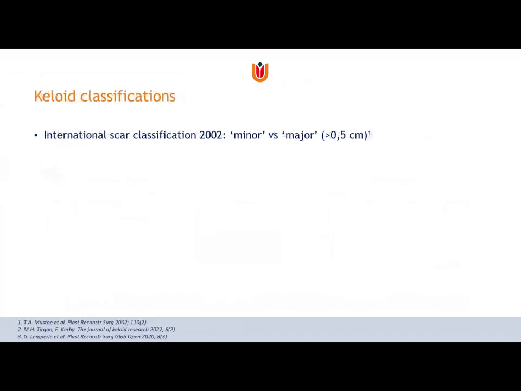Yeah, so I was talking about that a few studies have attempted to differentiate different clinical subtypes of keloids. The International SCAR classification in 2002 divided keloids into minor and major, where major keloids were defined as keloids larger than 0.5 centimeters. Dr. Tergan talked to us earlier this symposium about his proposed TNM staging system, in which the number and diameter were predominant parameters.